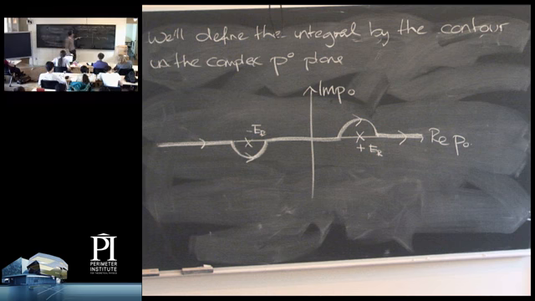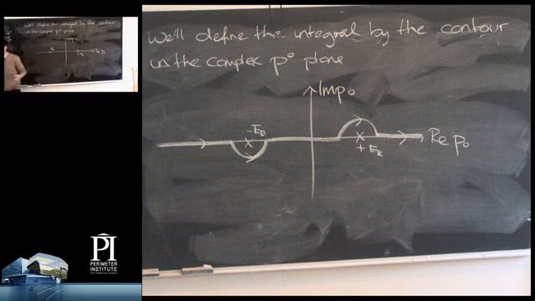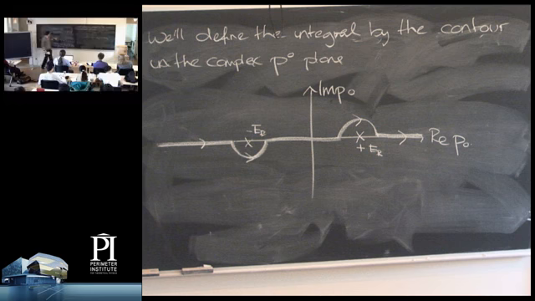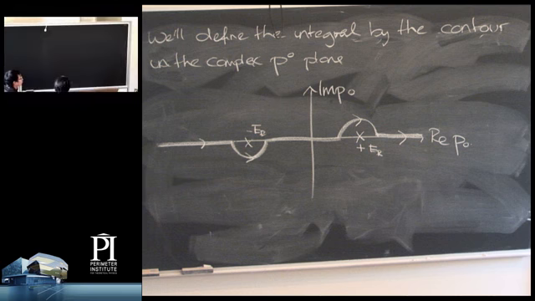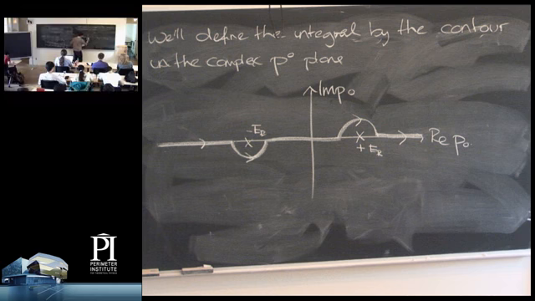Okay, so if I just do this integral, I hit these points, I get infinity, and it's no good. So what I'm going to do is define this integral to go along the real axis, then dip below this pole, run along the real axis, run above this pole, and then finish off.